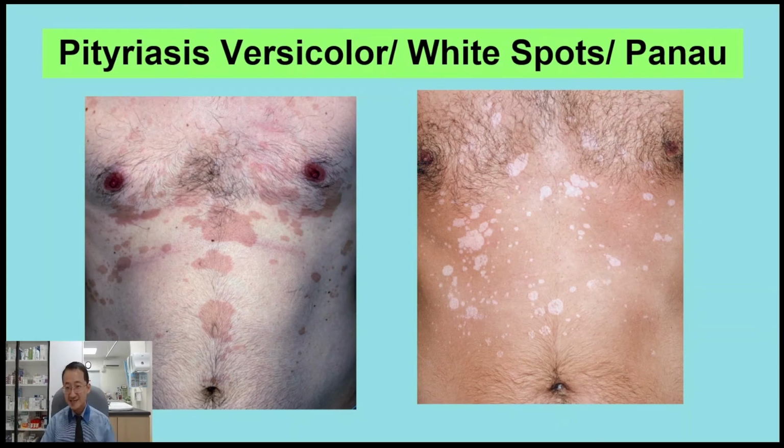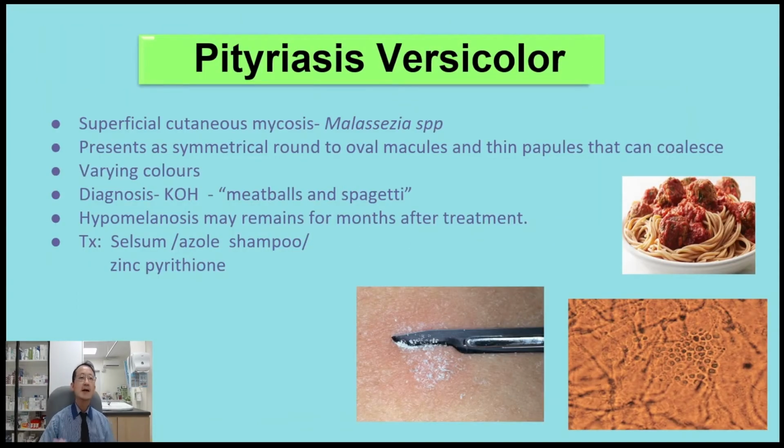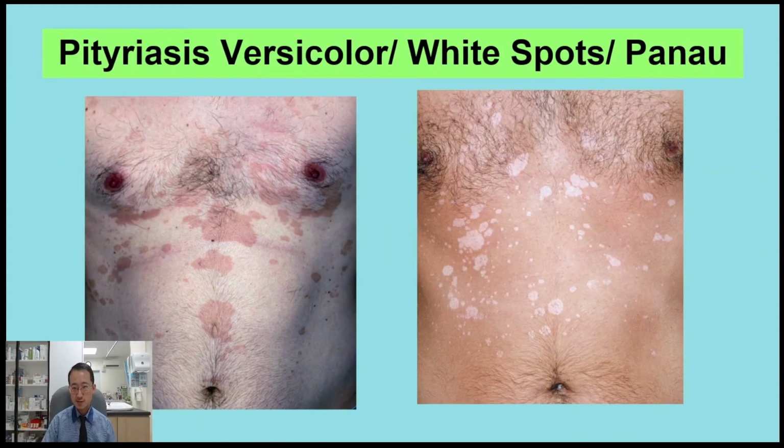In the darker skin, they get presented with white spots, or we commonly call this panel or hambang. All right. Pityriasis versicolor is caused by superficial cutaneous mycosis. Again, Malassezia species is a form of yeast, presented as symmetrical round to oval macules, thin papules. You can see all these patches.